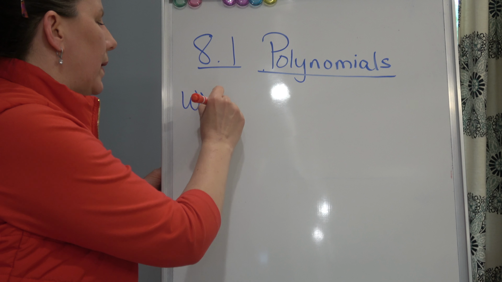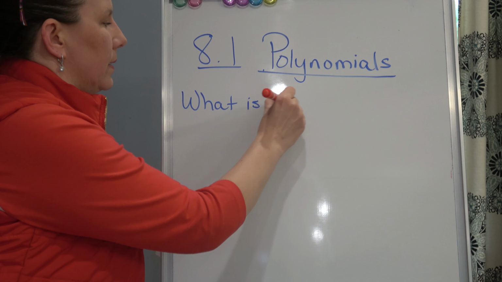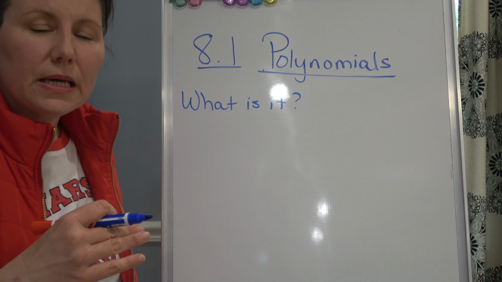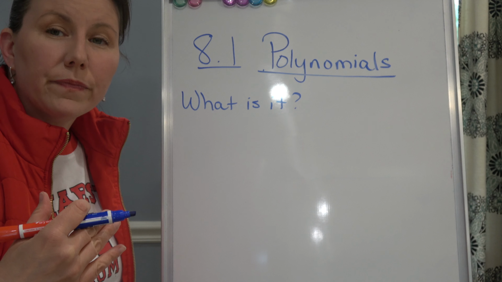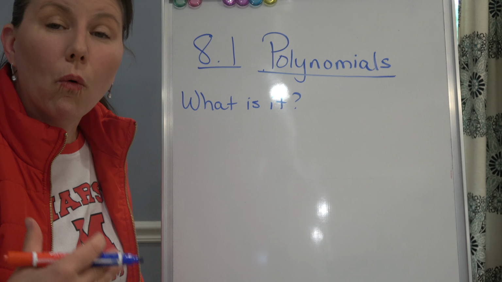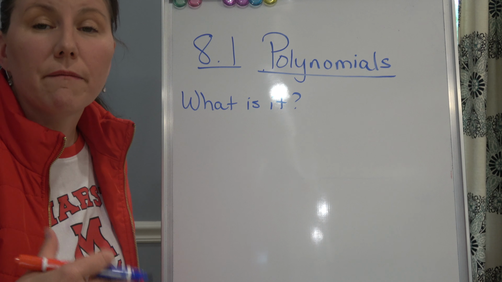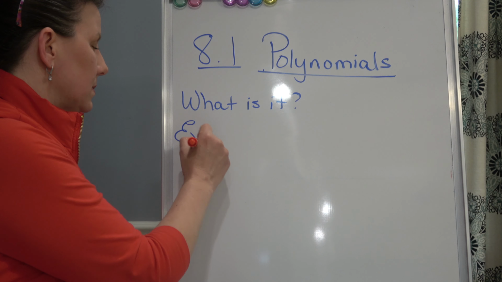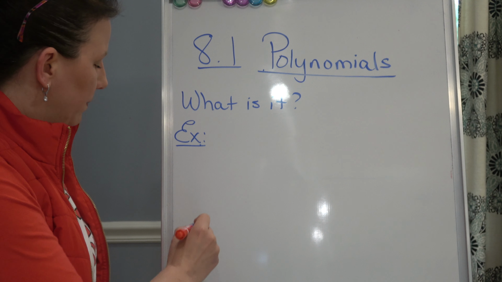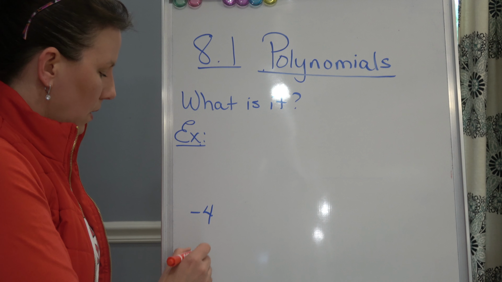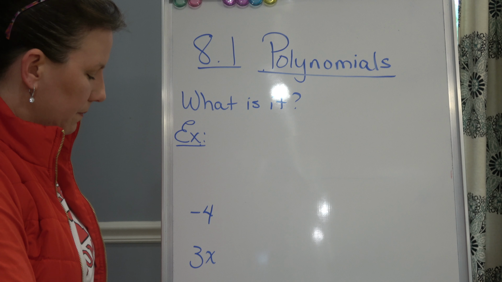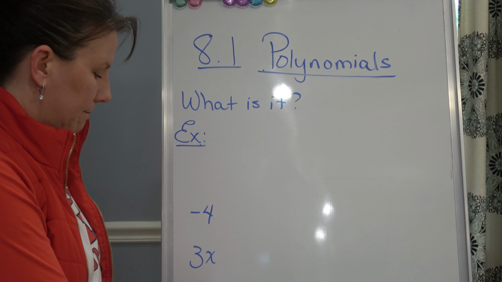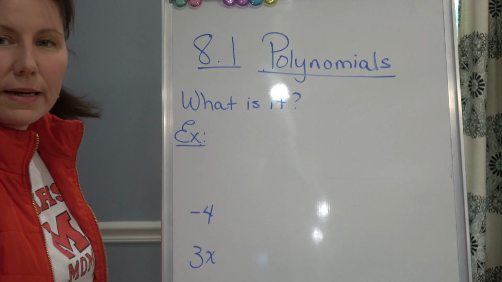So what is a polynomial? A polynomial is either a number or a variable. So it's a monomial, or it's a sum or difference of many monomials. Examples would be just a number, or just a variable with a term, or maybe a sum of monomials.